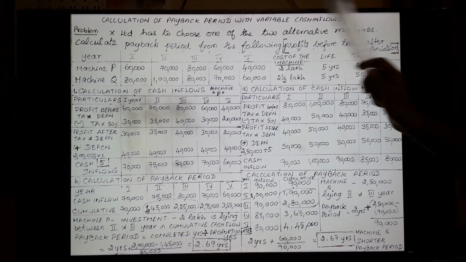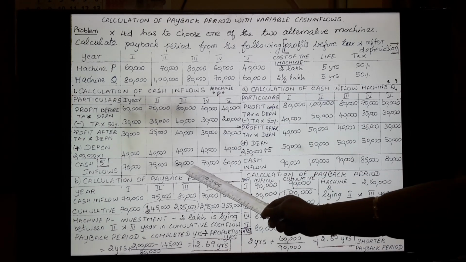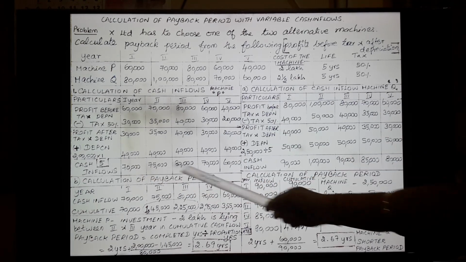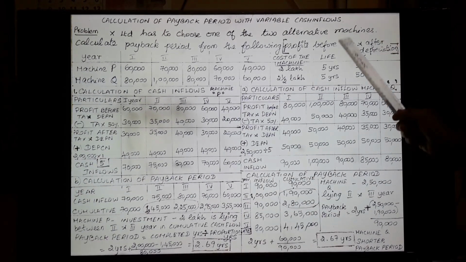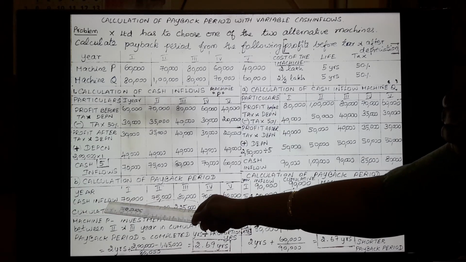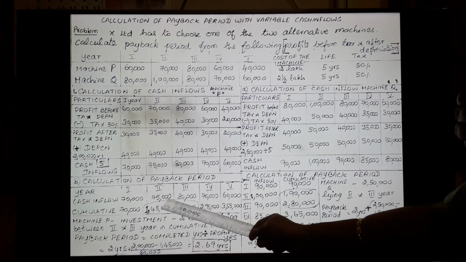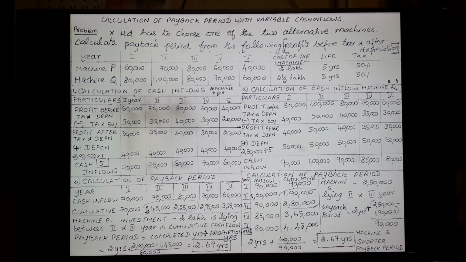So coming to the calculation of payback period, you have to take into account only this cash inflow which you have found out, because this is the actual cash inflow after depreciation and before tax. So you write the cash inflows: 70,000, 75,000, 80,000, 70,000 and 60,000. Do you remember the cumulative method?